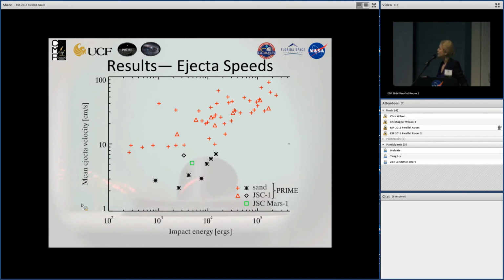This is due to the fact that, for example, these data points here are from parabolic flight campaigns when the payload was still bolted to the airplane, and you see residual accelerations from the airplane. So you can't measure really slow ejecta velocities.